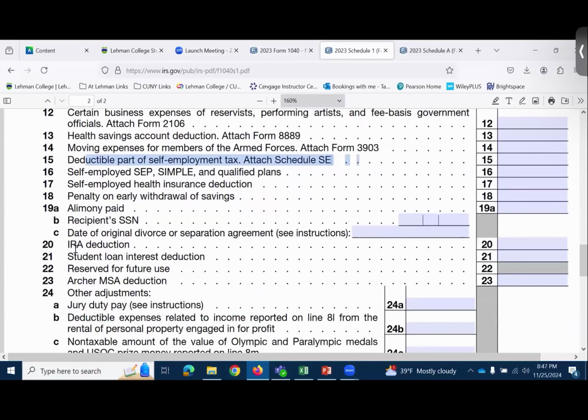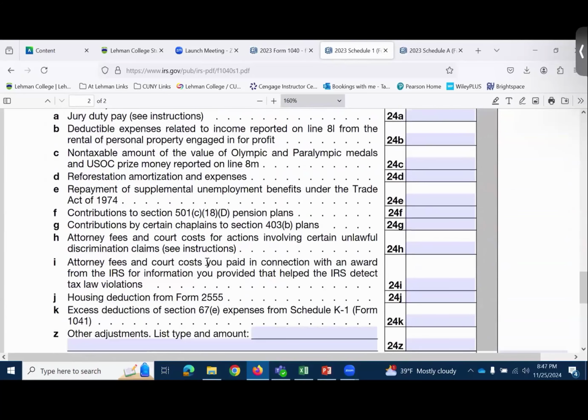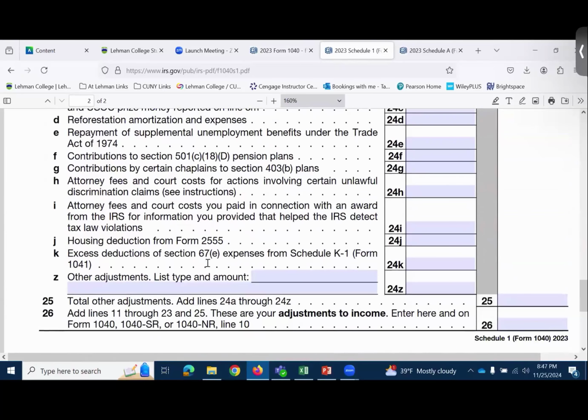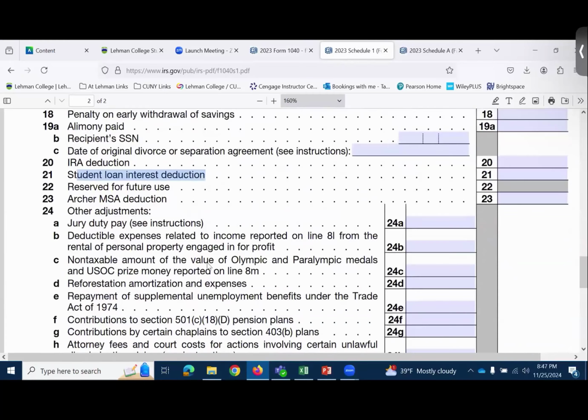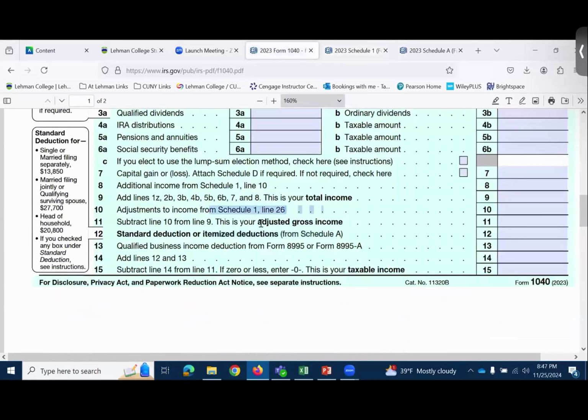We're going to talk about IRA deductions, student loan interest deductions, and some more on Schedule 1. Those are all above the adjusted gross income line, so they are adjustments for AGI. That's all just above the line.